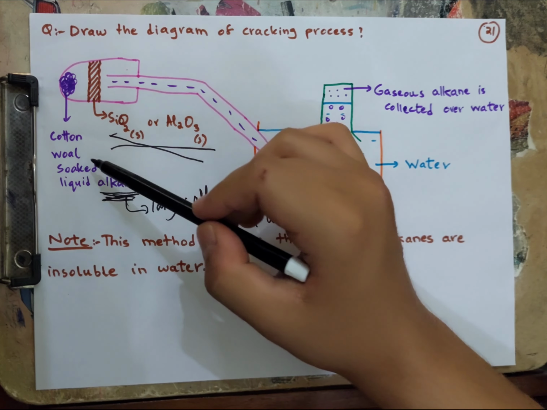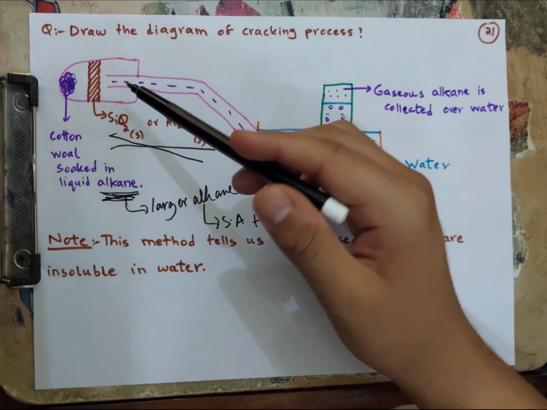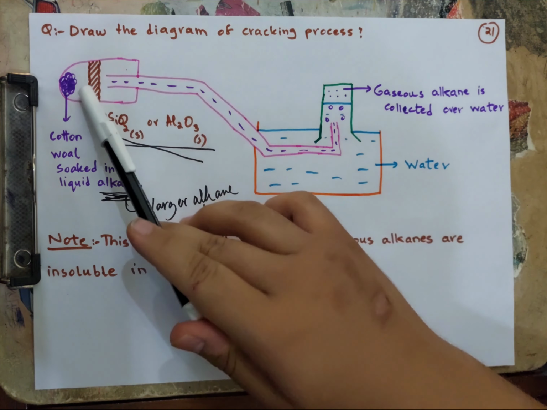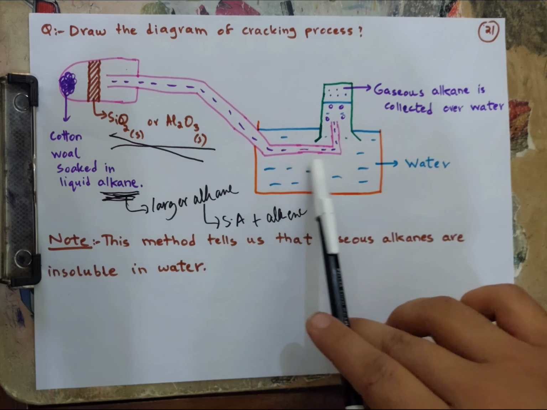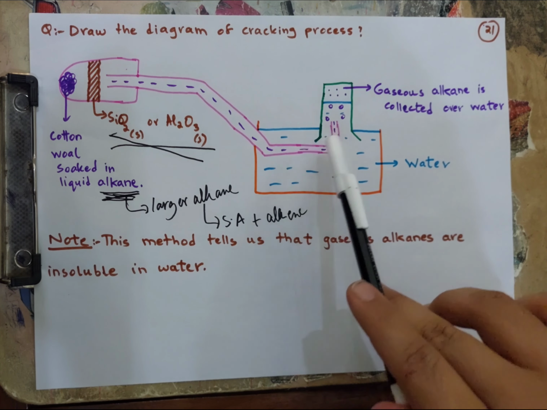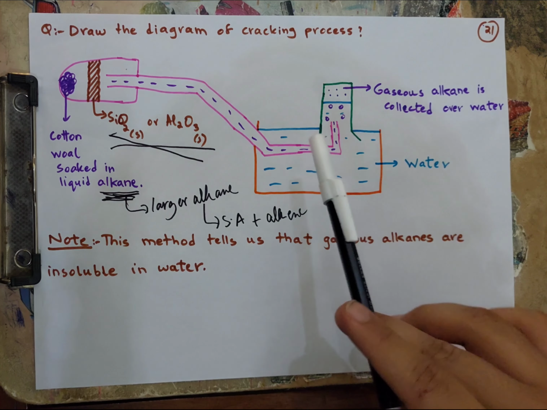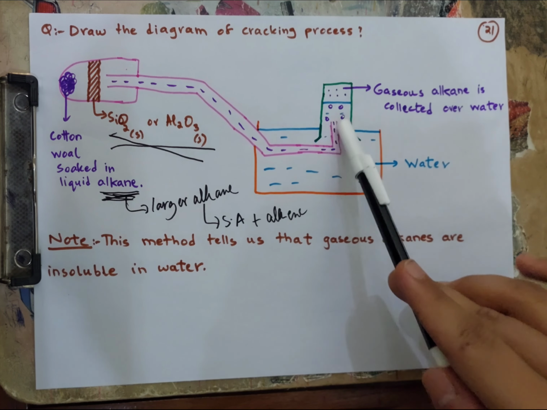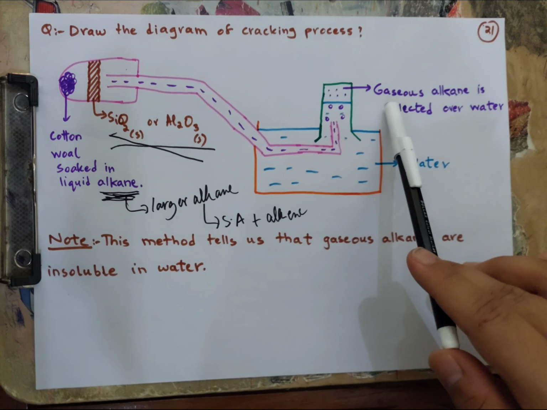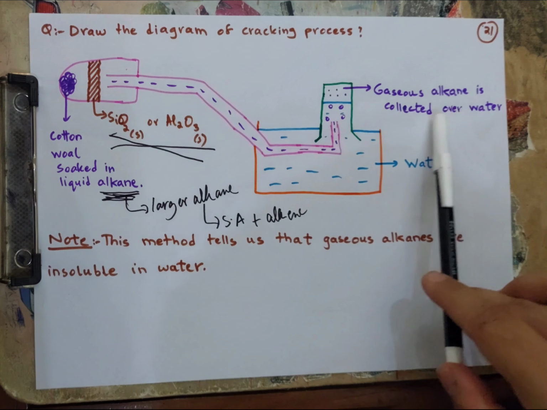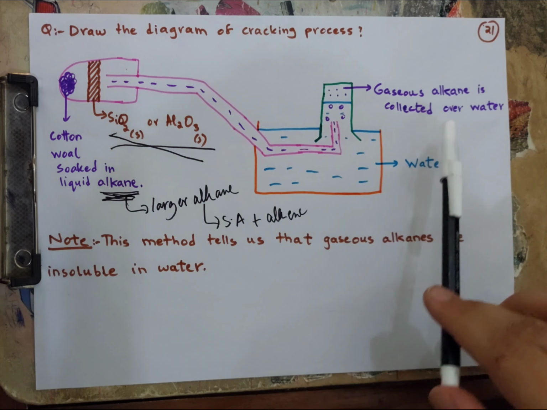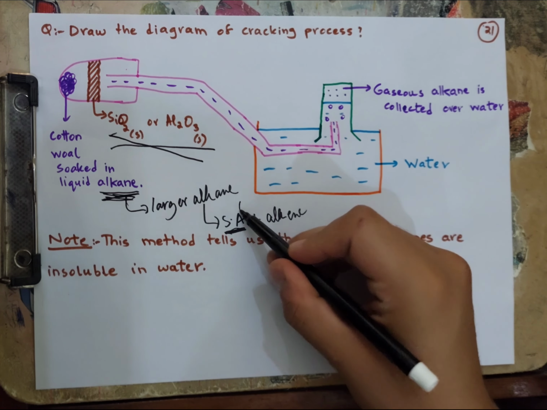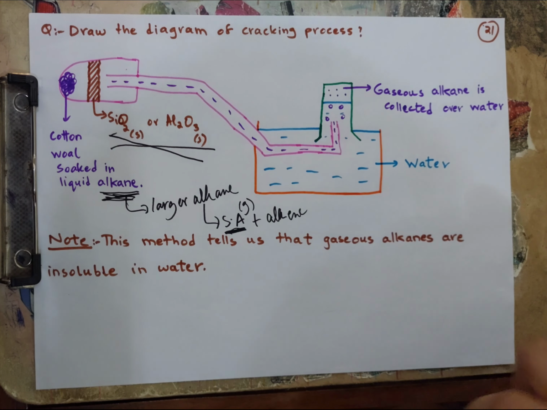So we soak this cotton wool in the larger alkane, and we react it with these catalysts, and when it reacts it goes through this tube and into the beaker filled with water. Gaseous alkane is collected over water. As it is a smaller alkane, it will be present in a gaseous state.